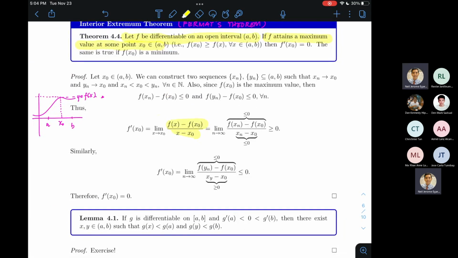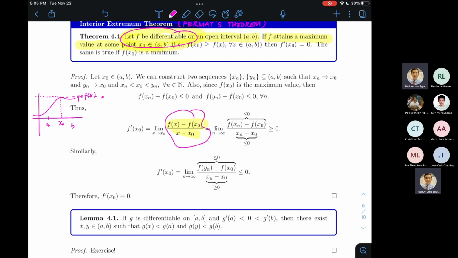So f is differentiable, so siya ay continuous. So ibig sabihin, kahit anong sequence na nagko-converge kay x sub 0, dapat yung limit ng f of x sub n ay equal sa f of x sub 0, right? So definition ng continuity in terms of sequences. So I can extend that notion into this guy.